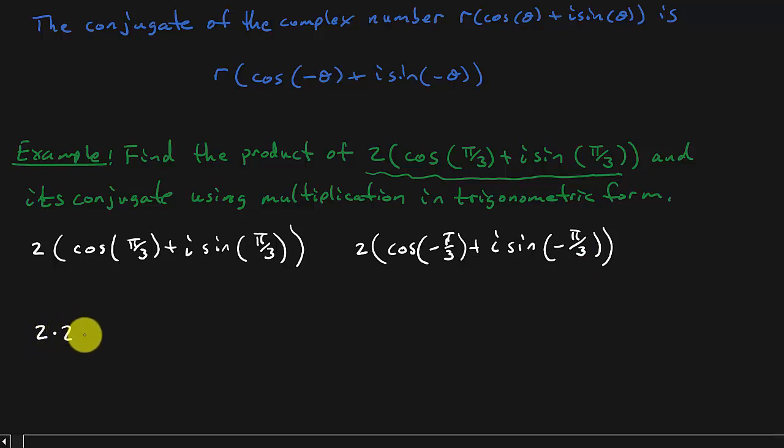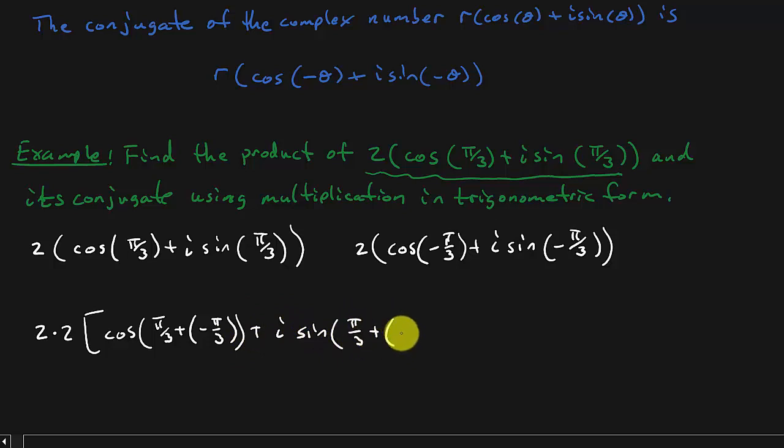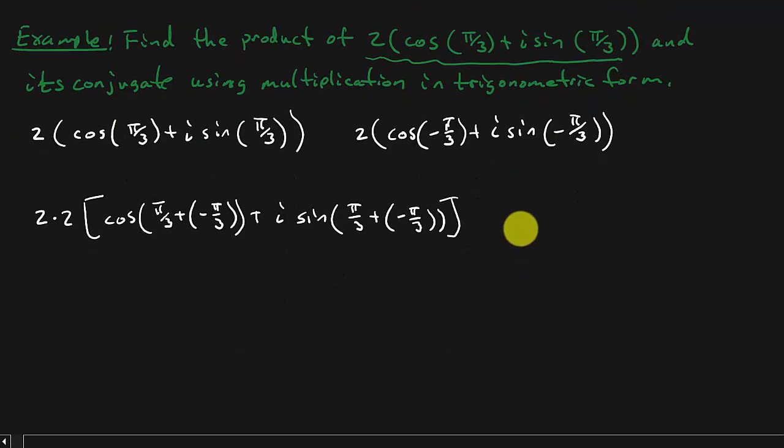2 times 2 times cosine of pi over 3 plus negative pi over 3 plus i sine pi over 3 plus negative pi over 3. And so that's going to give us 4 times cosine of 0 degrees plus i sine of 0 degrees.